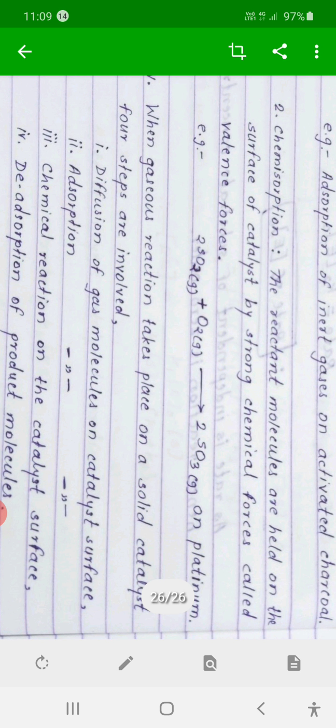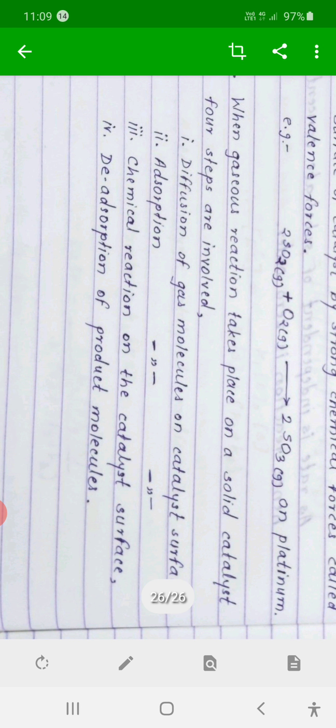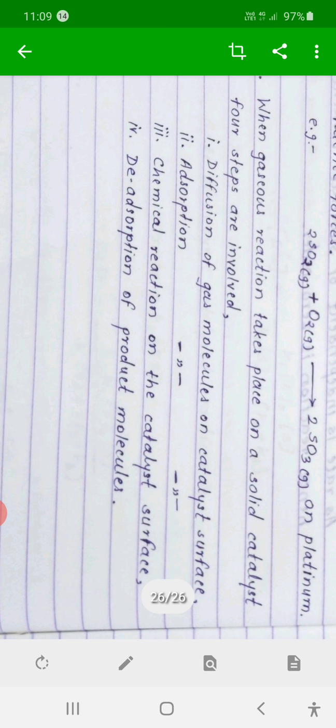For example, sulfur dioxide reacts with oxygen gas, both gases, to form sulfur trioxide. This reaction is reversible, very difficult, and takes place on the surface of a catalyst like platinum or vanadium pentoxide. This is a reversible, very difficult step in the contact process.